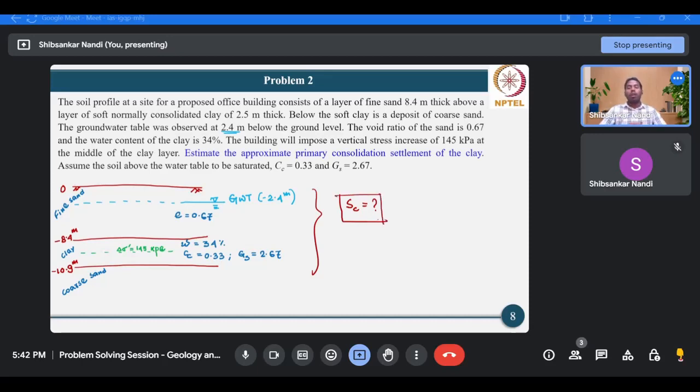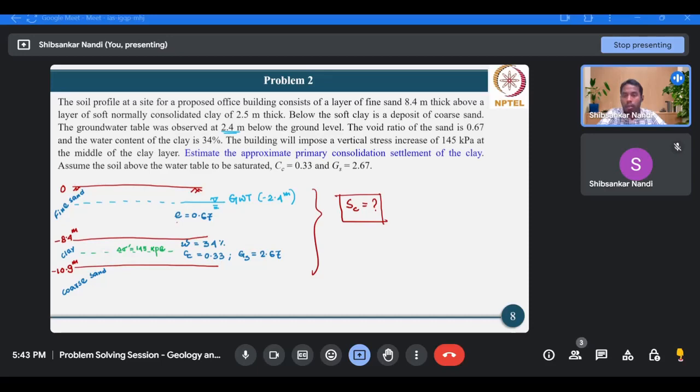Now what are the differences between problem 1 and problem 2? In problem 1, the Cc value was not directly given, but in this problem it's directly given. Further, in problem 1 the unit weights of sand were given directly. In this case, this is not given directly.